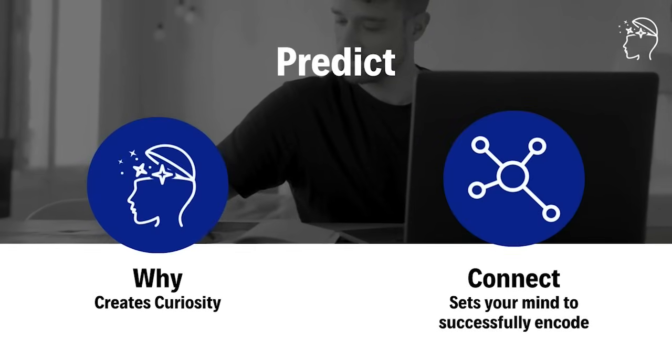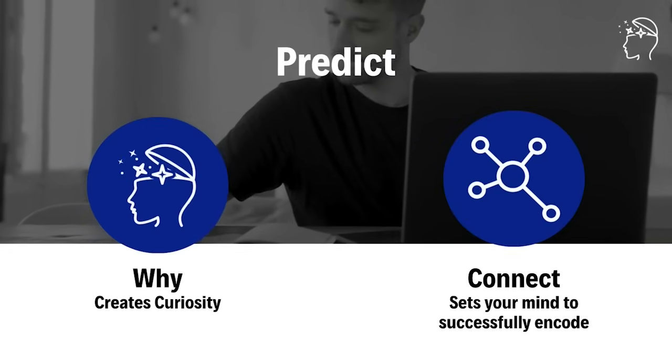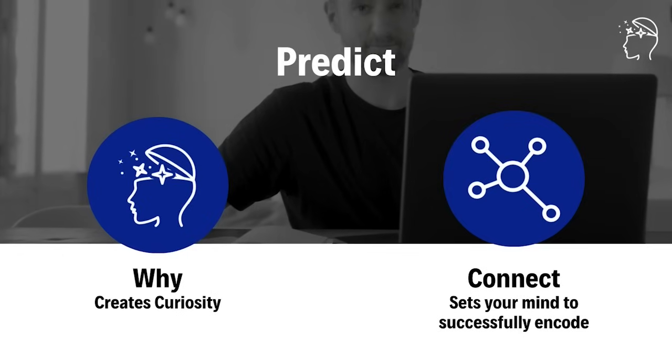And how do I think that this will connect to my previous experience? Remember, we talked about your mind being a network and all of those leveraging associations. Well, that's how you begin leveraging that association. You get curious on, how will this connect to my previous experience? How will this connect to something else that I learned within the course? So you really want to just ask yourself those types of questions.